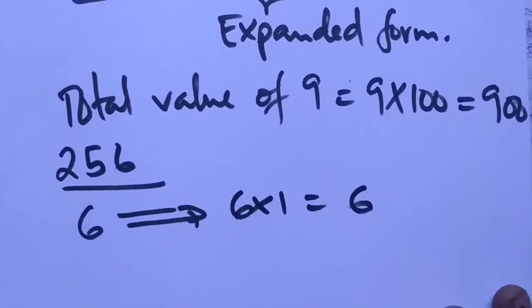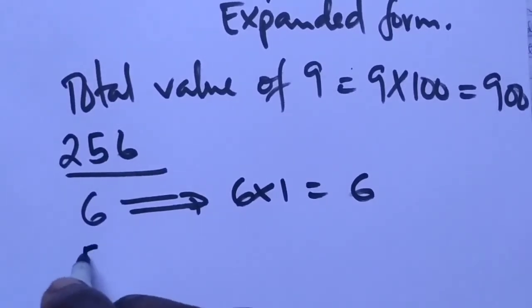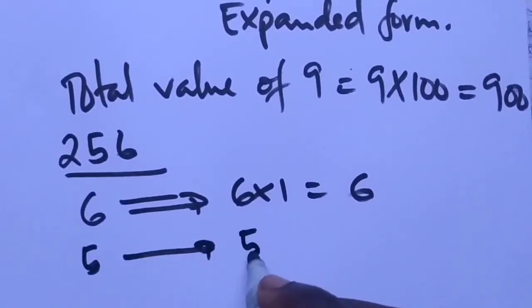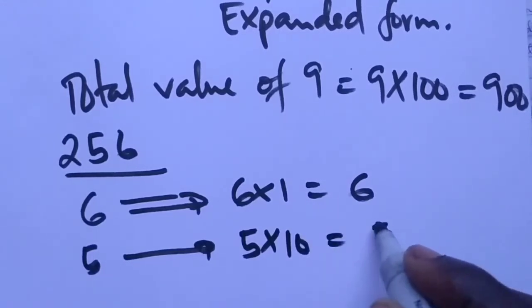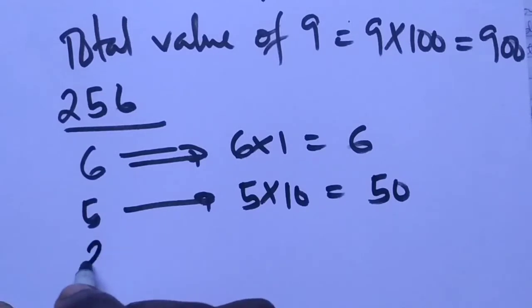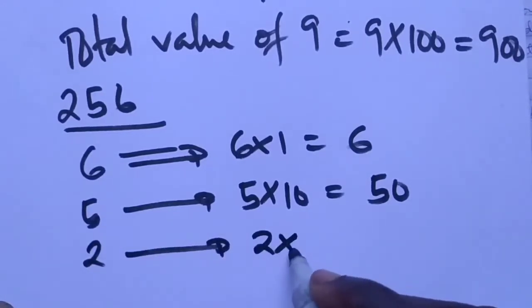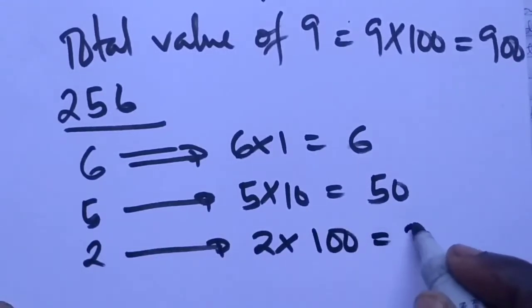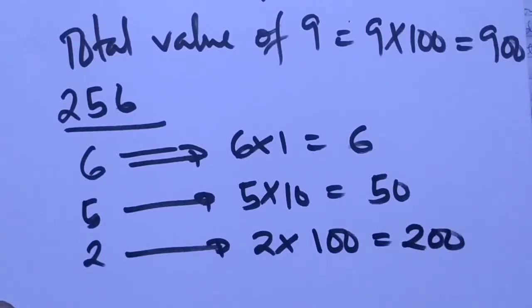But total value of 5 itakuwa ni 5 times 10, which is equal to 50. And the total value of 2 itakuwa ni 2 times 100, which is equal to 200. So if you have already understood the concept of place value, manake it is very easy for you to understand this concept of total value.